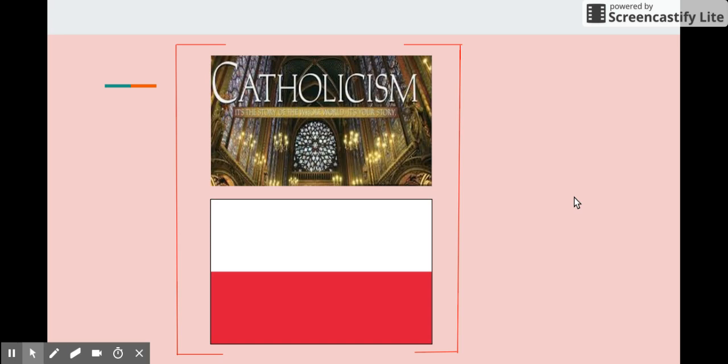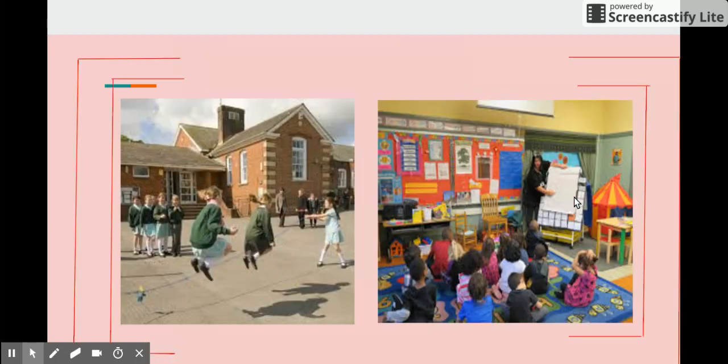For religion, 87.2% of people are Catholic, 1.3% are Orthodox, 0.4% fall into the other category, and 10.8% are unspecified. Finally, in Poland, 4.9% of GDP goes to education. Also in Poland, men usually go to school for 16 years while women go to school for about 17.